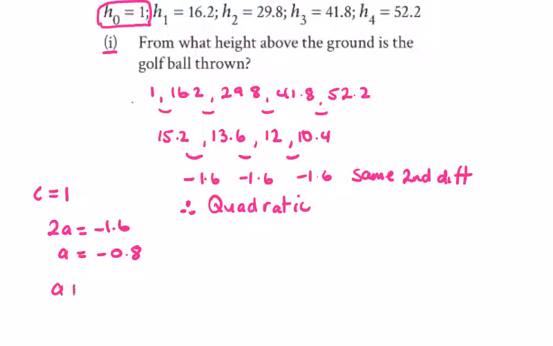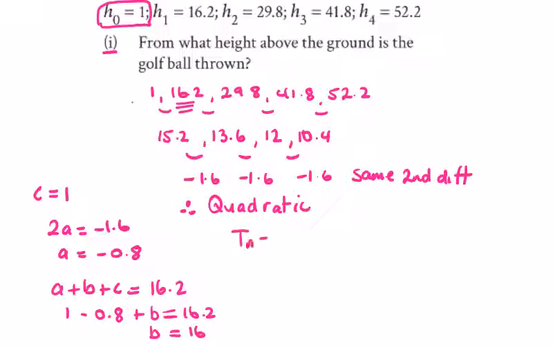And as you all know, A plus B plus C is equal to term 1. Just be careful that we take the 1, not the 0. That's 16.2. So C is 1, A is minus 0.8. So 1 minus 0.8 plus B is equal to 16.2. So that would leave B being 16.